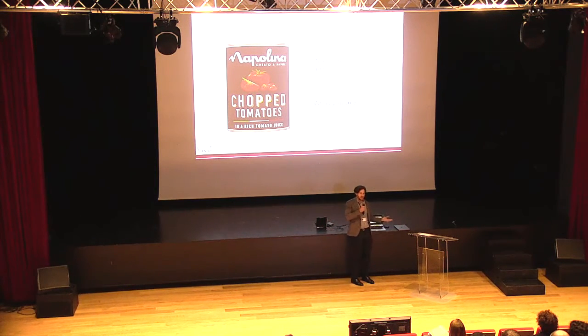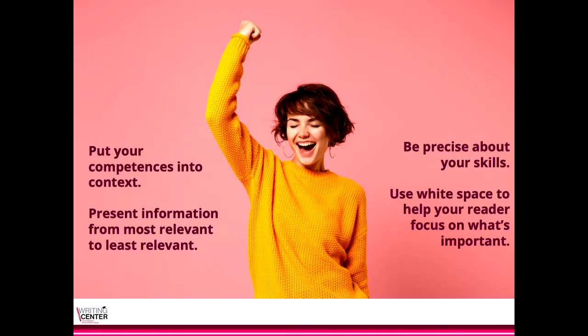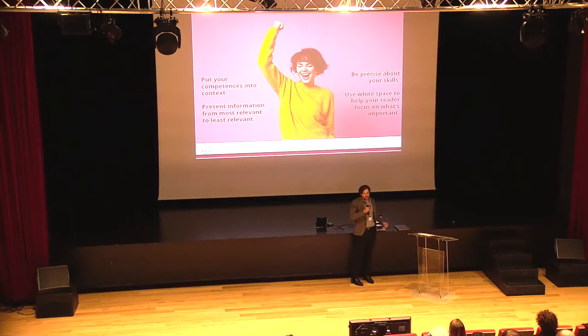This is what you want your header to function like. You want to have your name and your profession, as simple as possible. You want to present all of your information as precisely as possible from the most relevant to the least relevant. You want to be precise about your skills. In doing that, you want the design of your CV to show that as well.